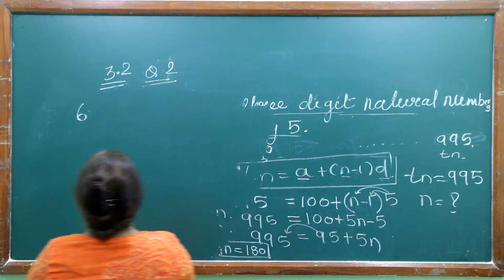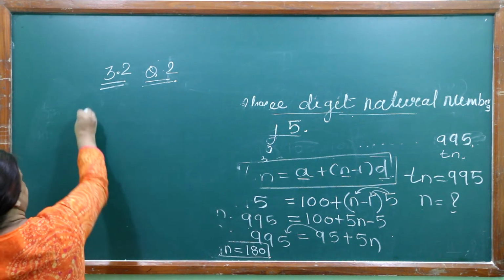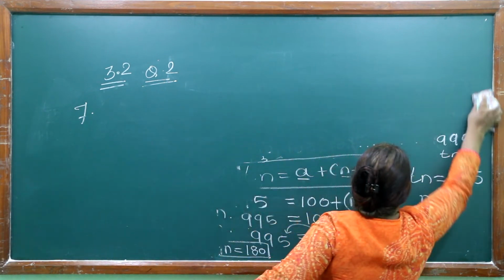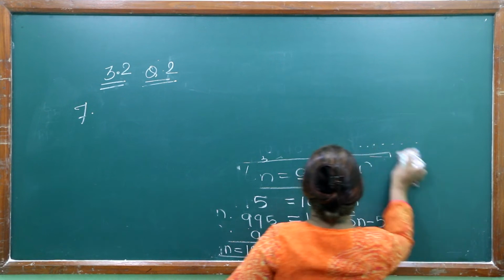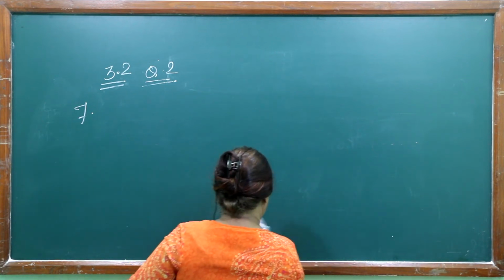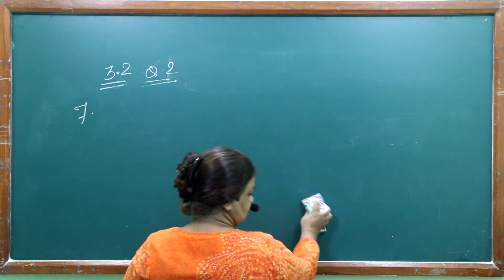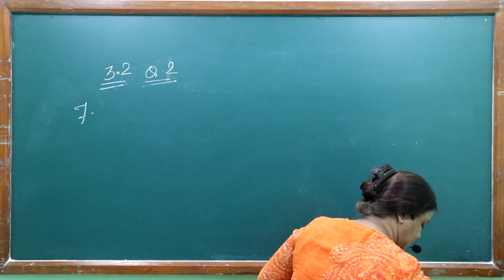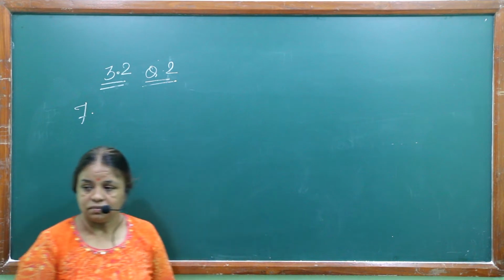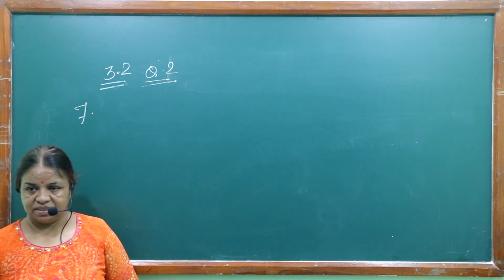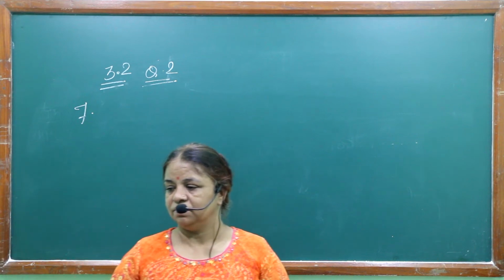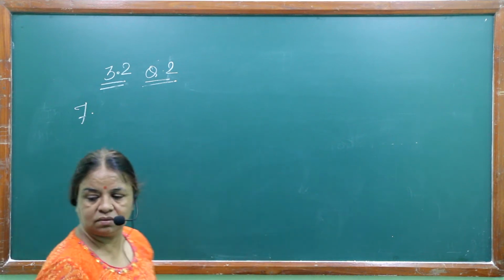Now I'll be moving back to the 7th sum. What does the 7th sum say? Find the 11th and the 21st term of an AP.